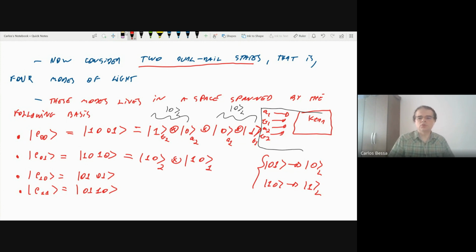So this is my logical 1, and that's why this is the base 1 here. And this is my logical 0 because it's inverted for the second.